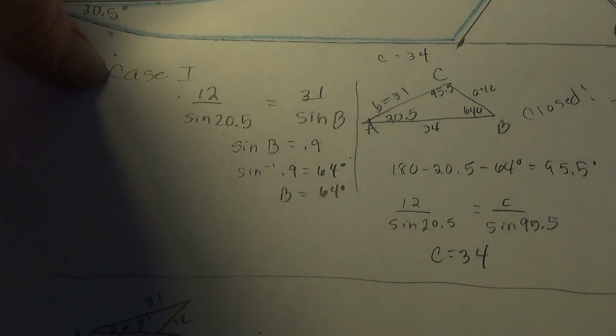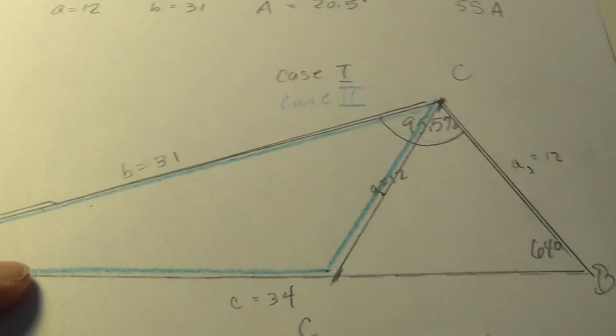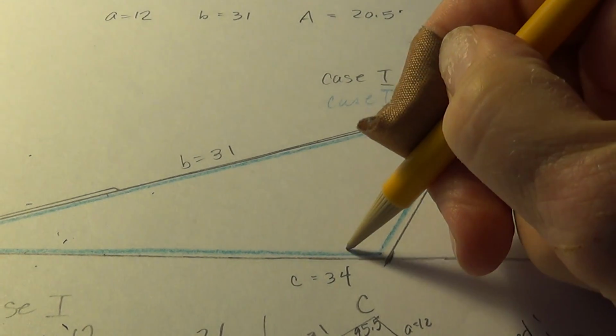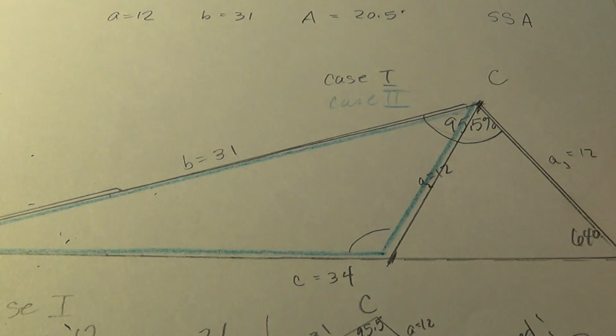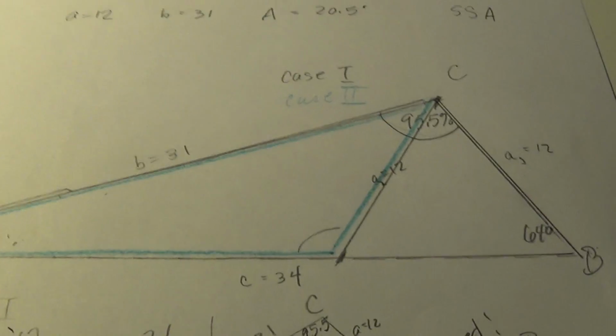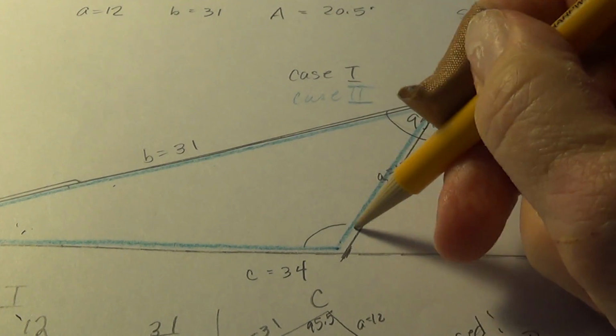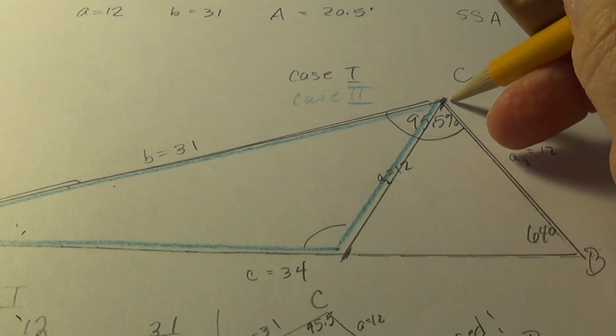So I've got to solve that. Let's go back up here. In order to solve this blue triangle, we're going to need to know this angle. And there's a trick in our hat, and that is we can get this because this side is 12 and this side is 12.